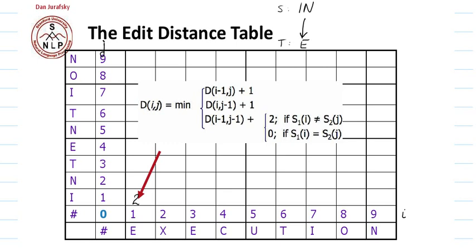So this is one path, right? So I will delete I, and then I will substitute n.